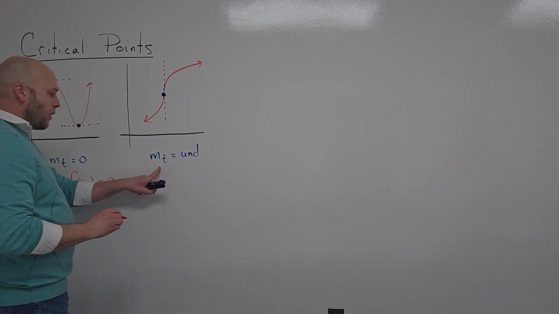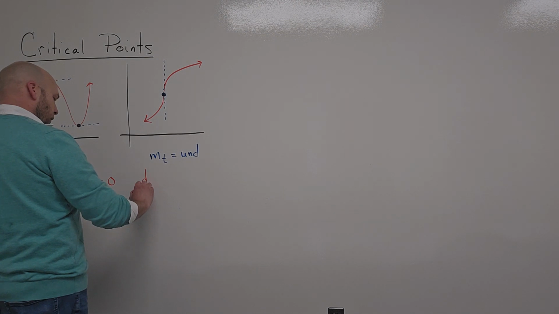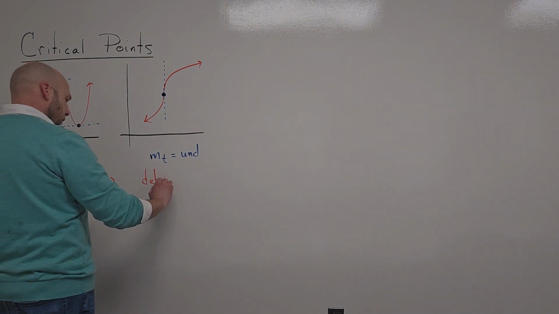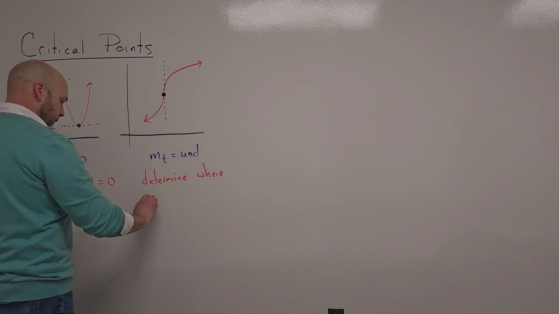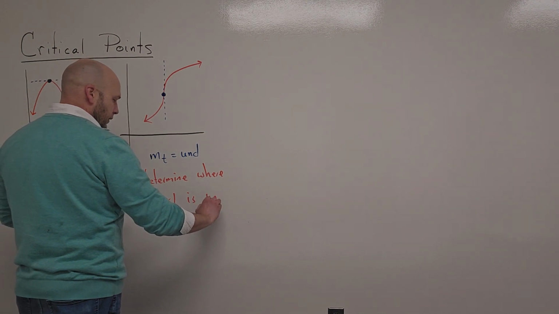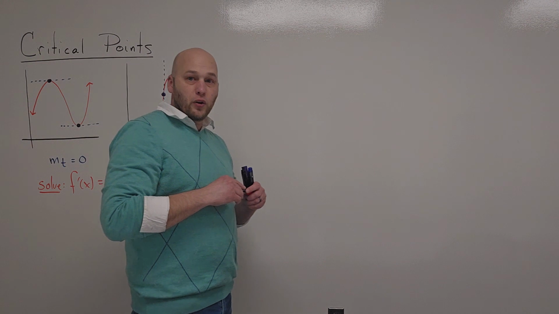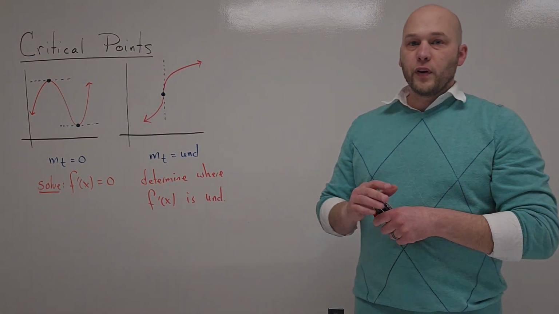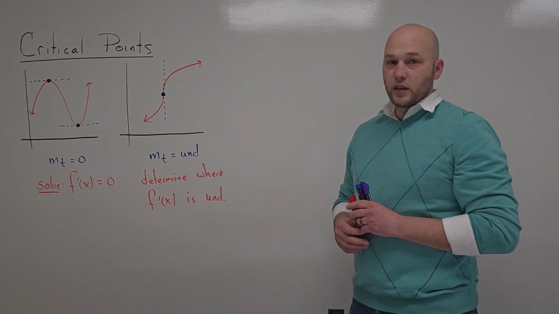In order to find out when the slope is undefined, we're going to determine where the values of the first derivative are undefined. So there's really 2 steps to find a critical point, both involving the first derivative. Where is the derivative 0, or where is the derivative undefined?